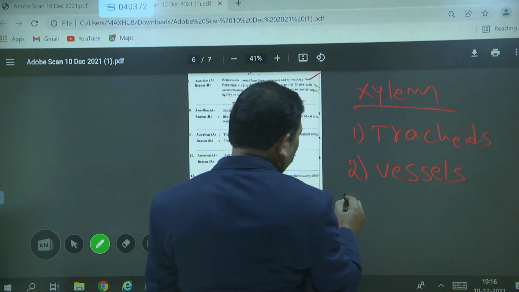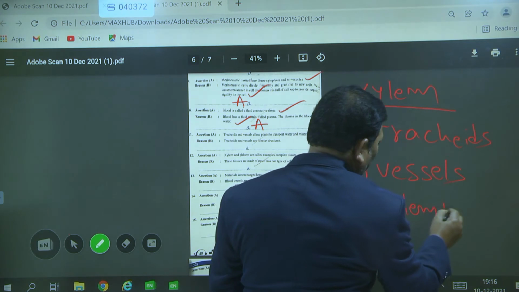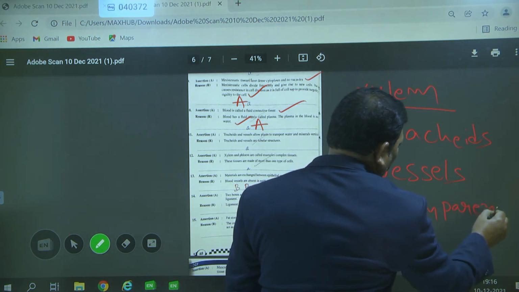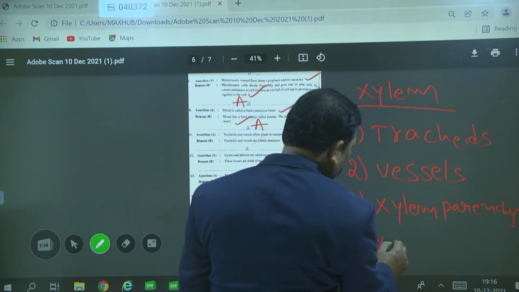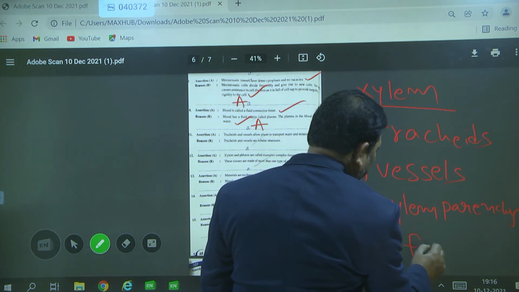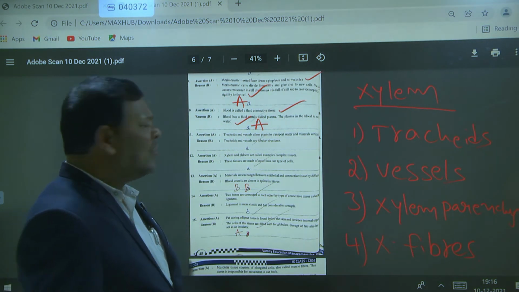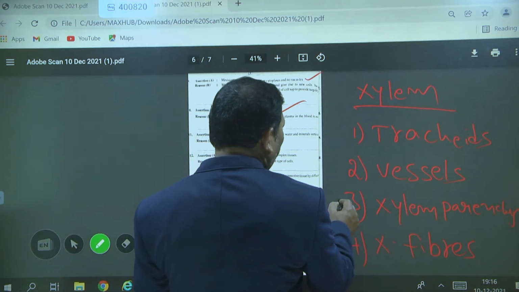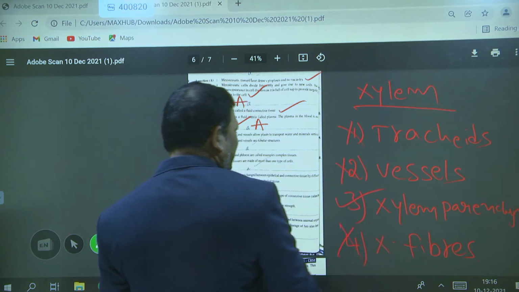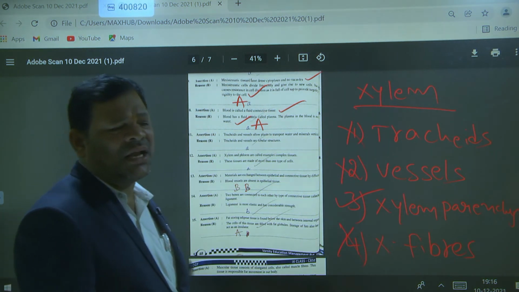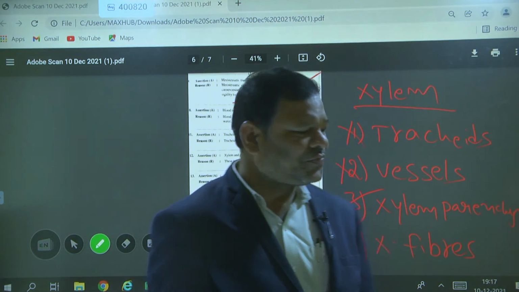Third one is the xylem parenchyma, and xylem fibers. Yes or no? These are the parts present in the xylem. Except the xylem parenchyma, all the remaining are dead cells. Only xylem parenchyma is the living tissue.